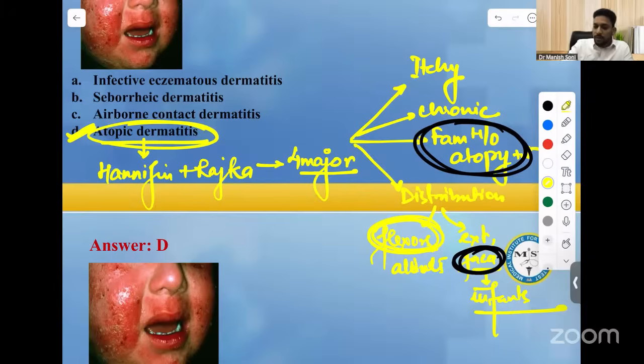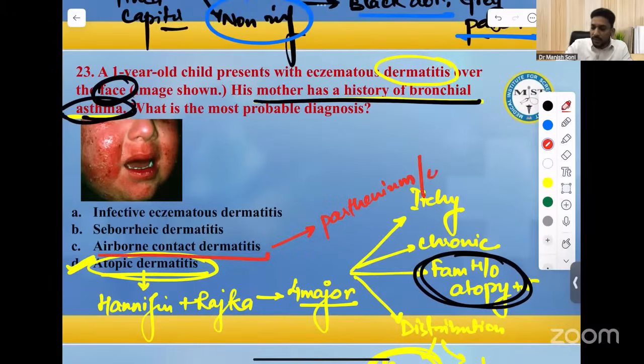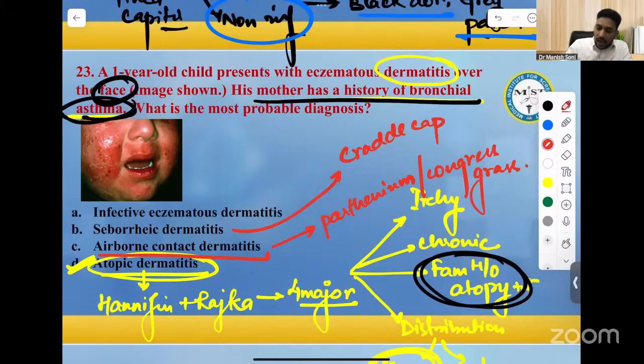If we talk about airborne contact dermatitis, remember airborne contact dermatitis is due to Parthenium, that is Congress grass. Seborrheic dermatitis, I already told you, is known as cradle cap in infants. And eczematous dermatitis, when there is infection, we call it infective eczematous dermatitis.